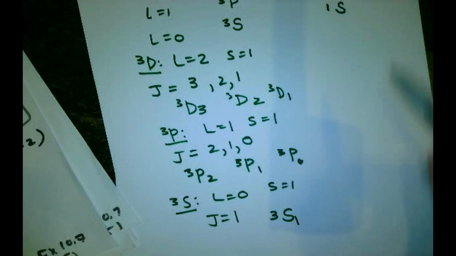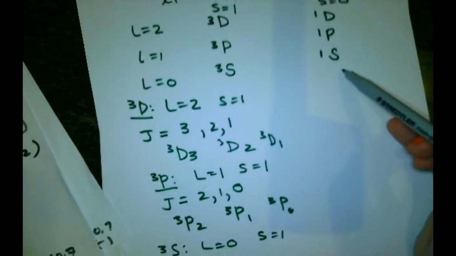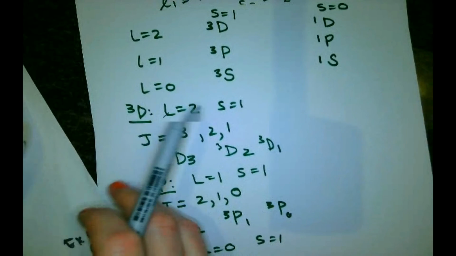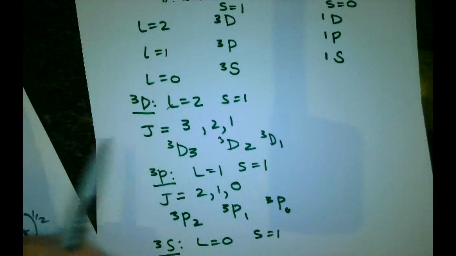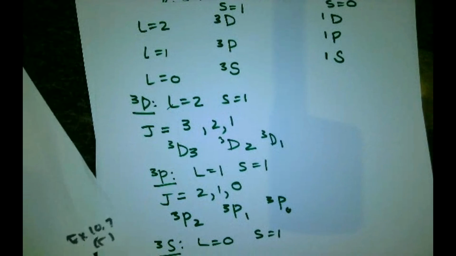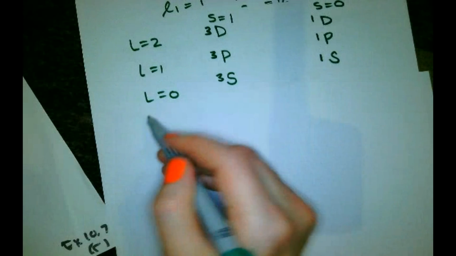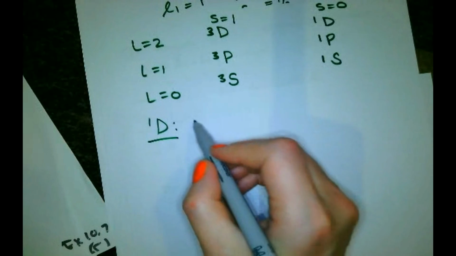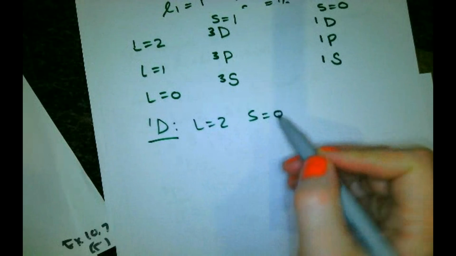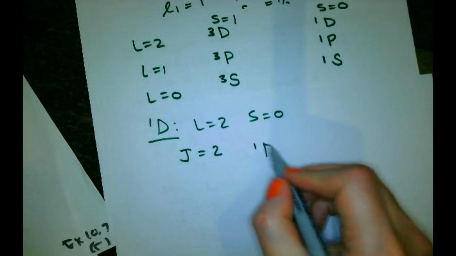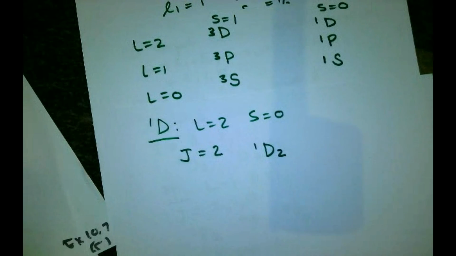Okay, now we still have this row of terms to look at: 1D, 1P, and 1S. Let's start with the 1D term. L is 2, S is 0, J is just 2, so you have a 1D2 term.